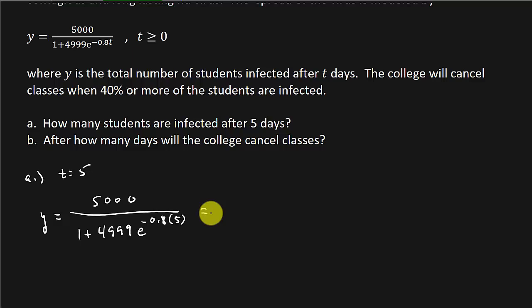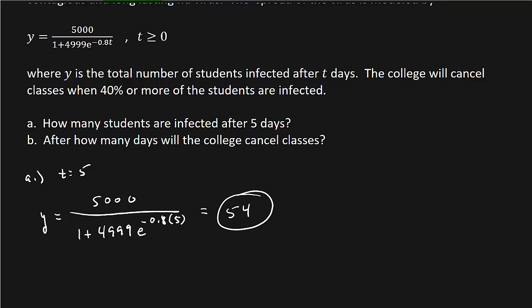And then you will need to punch that into your calculator, and it's going to be about 54. So it comes out to 54.019085542. So 54, we don't do a percentage of a student or part of a student.